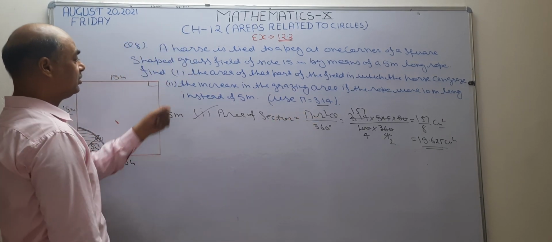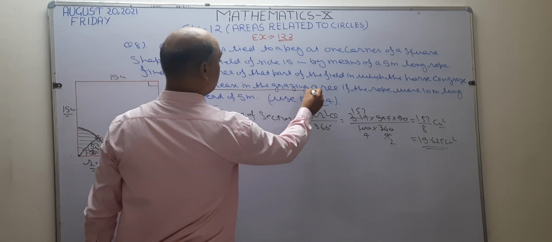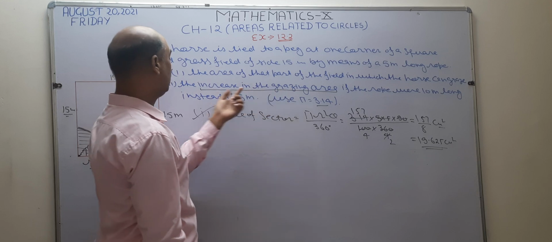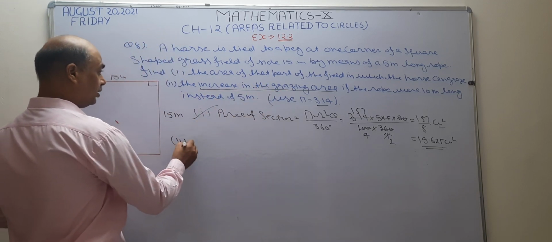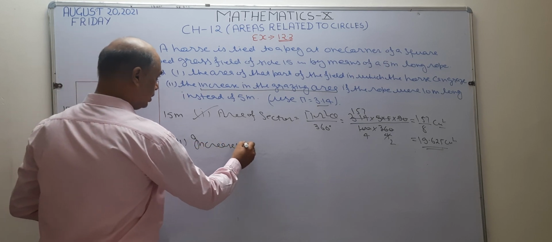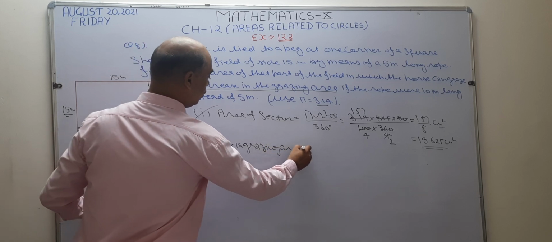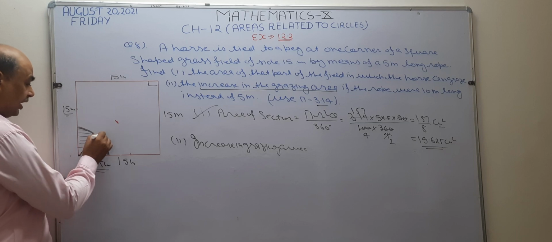Now in the second case, we are going to find the increase in the grazing area. We are going to find the area of the increased grazing area. So right here in the second part, increase in grazing area. When is it going to increase? When the rope of the length becomes larger.